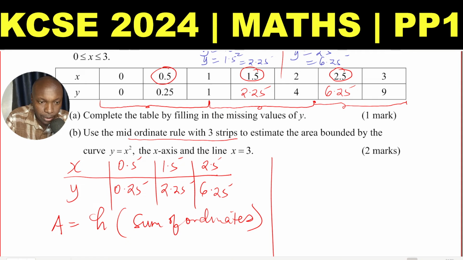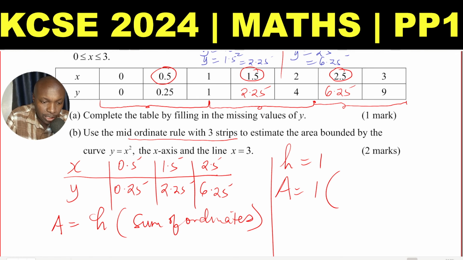Remember, the strips are from 0 to 1, then 1 to 2, 2 to 3. So the height of each of these strips is 1. You need to understand that. So height is 1.